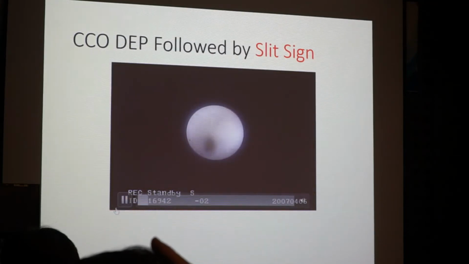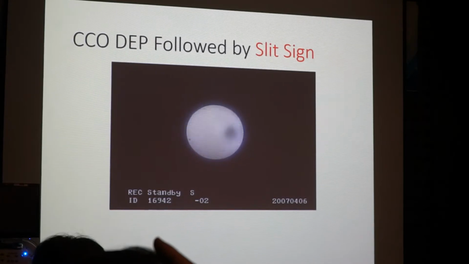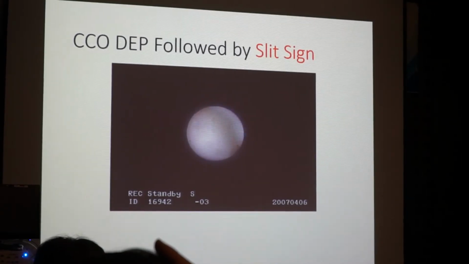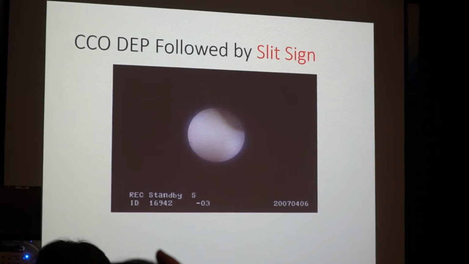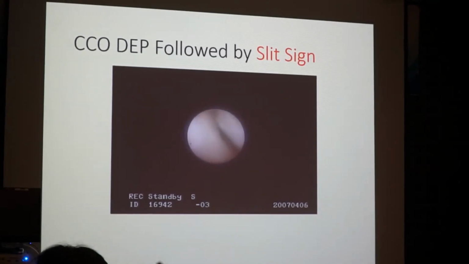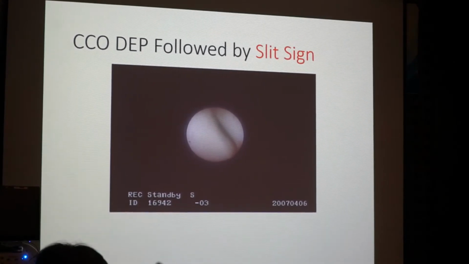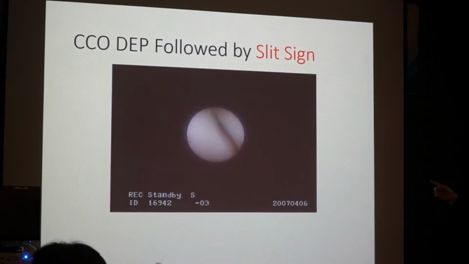And we are in the common canaliculus now. What I'm doing is just pushing this membrane. And I can break the membrane here. And after recanalizing, I can get into the lacrimal sac. And what I can see is the slit sign here.